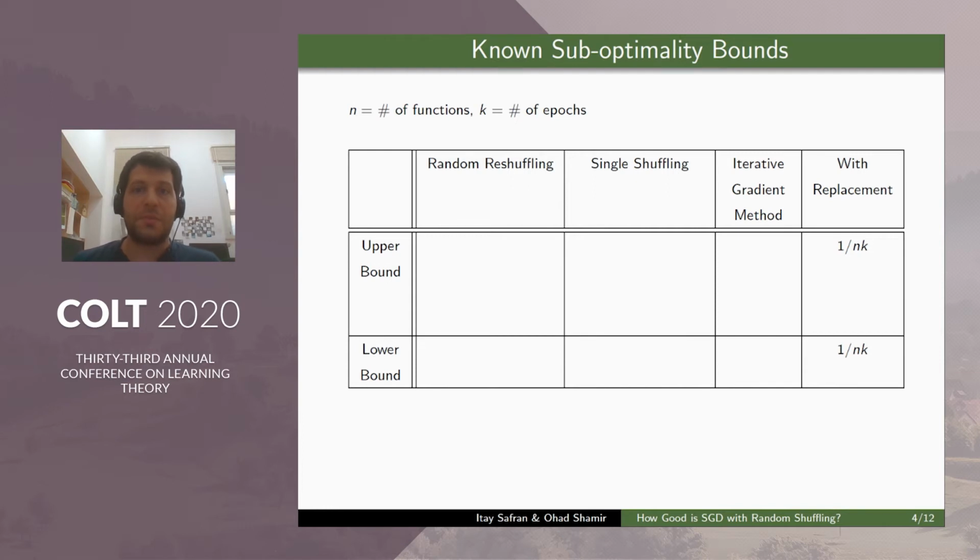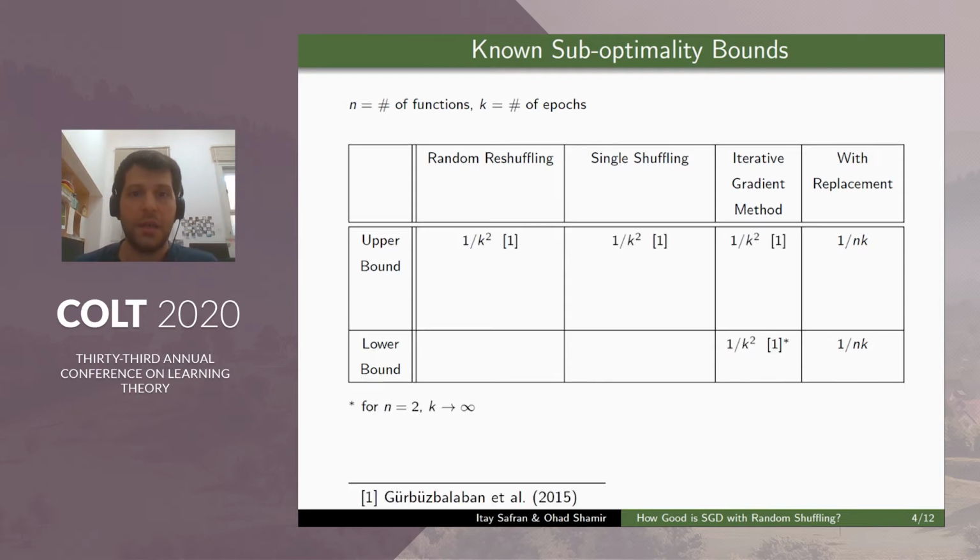These are the known suboptimality rates we have for these kinds of sampling techniques. First, for with replacement, we have a very well-known result of 1 over nk suboptimality rate, which is also known to be tight.